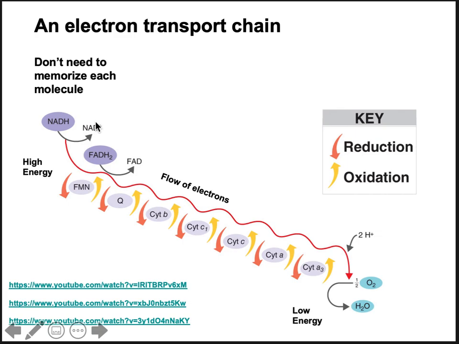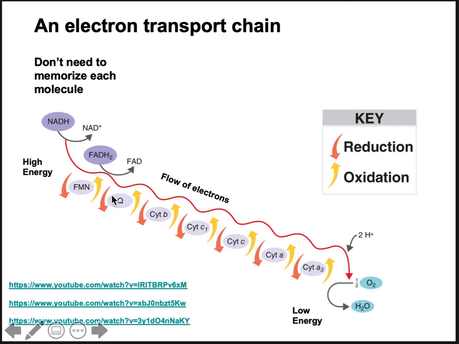So NAD+ is the oxidized form. It has this positive charge, right? Same with FADH2. You oxidize it, you take its hydrogen, which is, you're taking an electron, you're actually splitting the hydrogen into an electron and a proton.